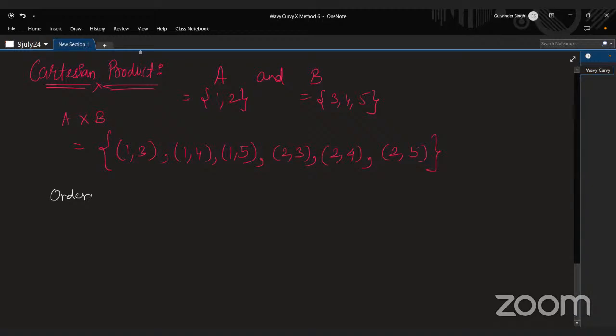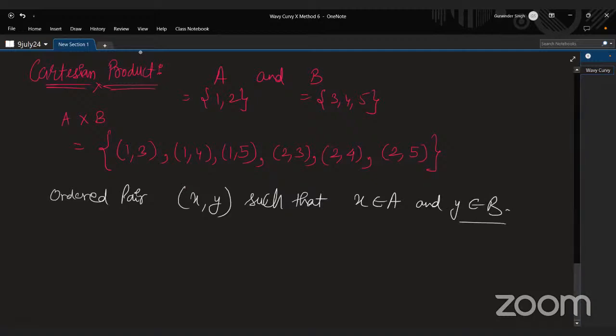This is called an ordered pair x comma y, such that x belongs to A and y belongs to B.